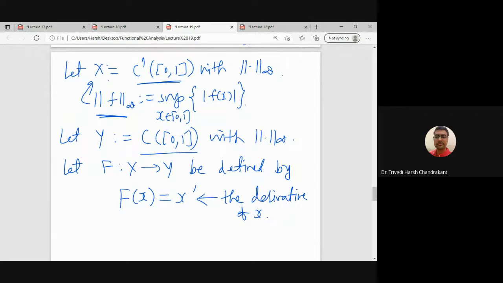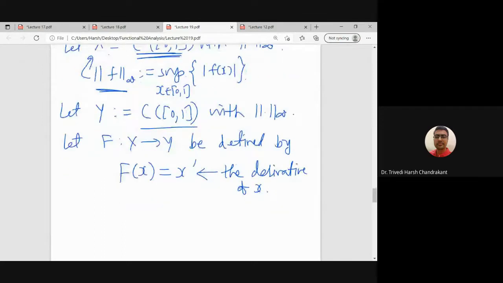The derivative may not be differentiable, but because the function is in C1[0,1], the derivative is always continuous. So it is clear that, because this is a vector space, f is linear.